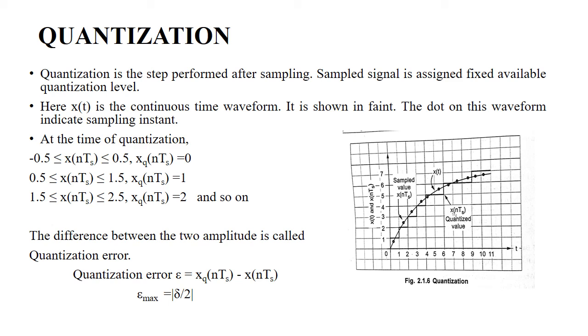We have to note that the sampling instants are exactly 0.5, 1.5, 2.5, 3.5 and 4.5 and so on. These values of x(t) vary from 0 to 7 volts, and it can take any value between 0 and 7 volts.